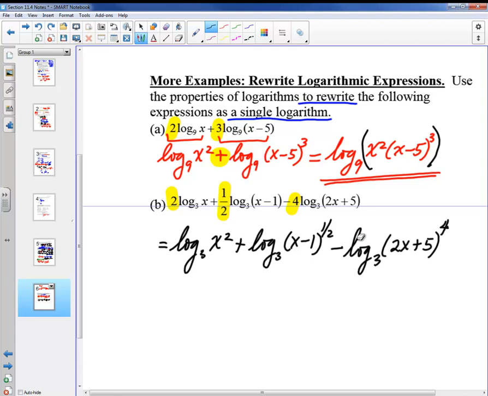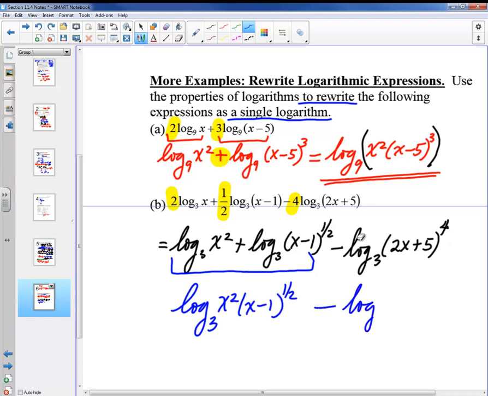And now at this point, that's where we start making mistakes. And you don't have to do it in several steps, but you're going to have to group them from left to right, just like you do in order of operations. So this would be log base 3 of x squared times x minus 1 raised to the 1/2, and then minus log base 3 of 2x plus 5 raised to the 4th power.